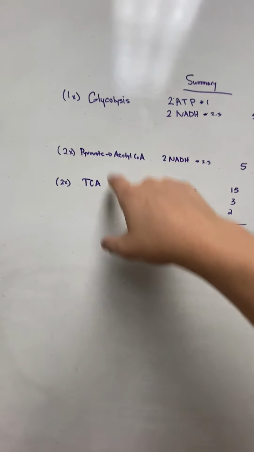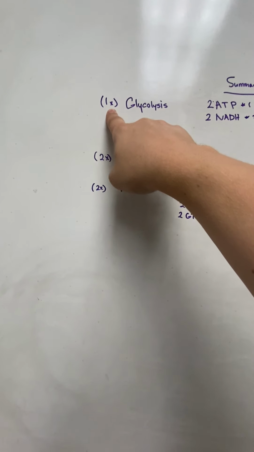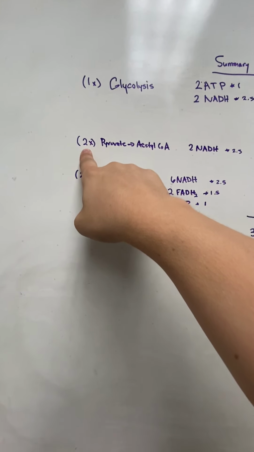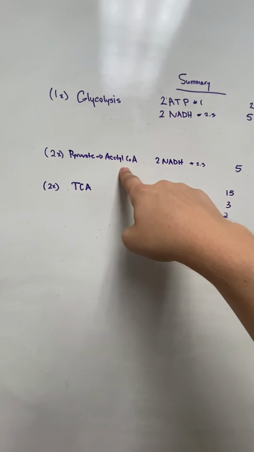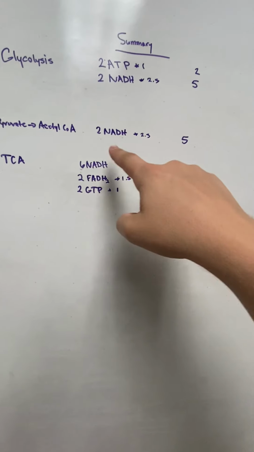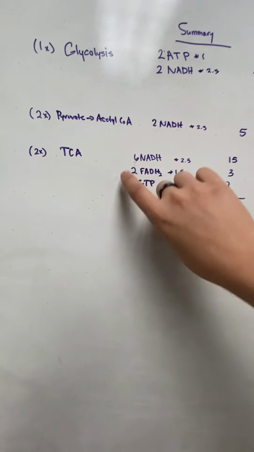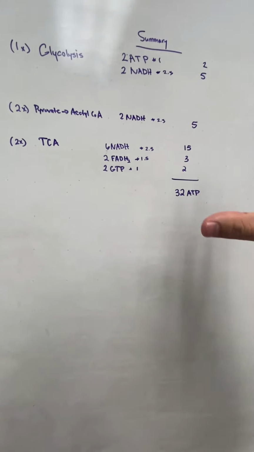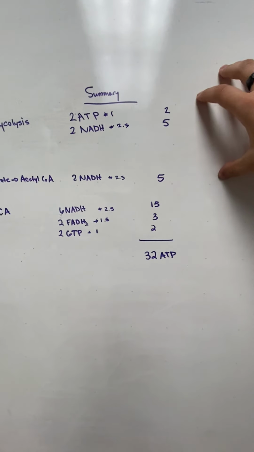Something to note is that this is for 1 molecule of glucose, and we know that we have a splitting phase, so we get 2 pyruvates. And because we have 2 pyruvates, we get 2 acetyl-CoAs. So for every 2 acetyl-CoAs that enter the TCA, this is what we get. If it was only 1 pyruvate, this number would be divided in half. But because it's normally not the case, that's why we go about it this way.